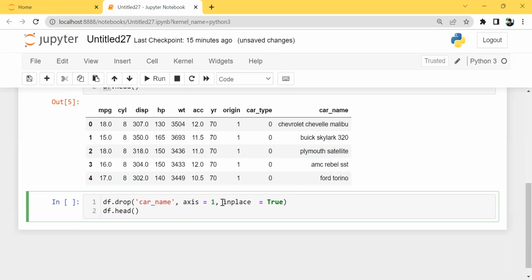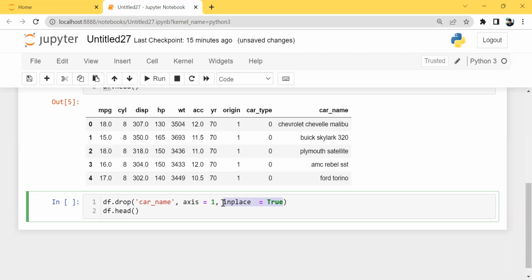If I want to remove that column permanently, what can I do here? I need to put inplace equal to true. If you ignore inplace equal to true, that column won't get dropped permanently; it will just get dropped temporarily.